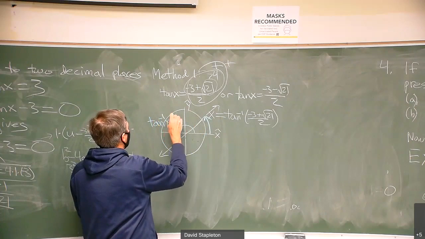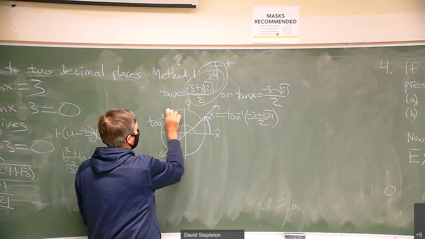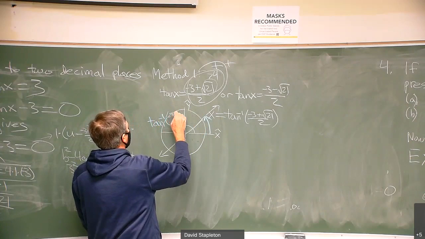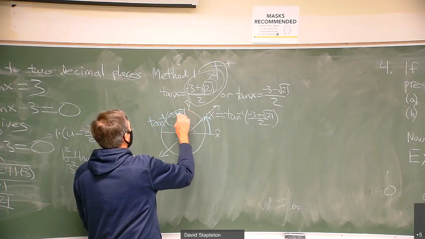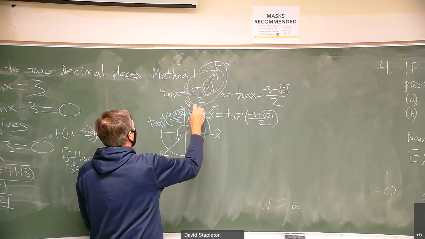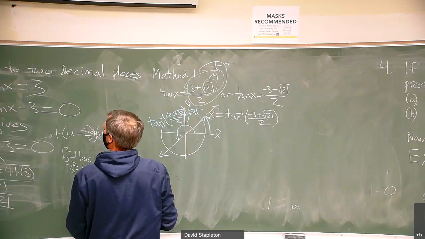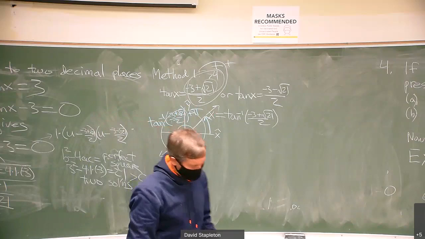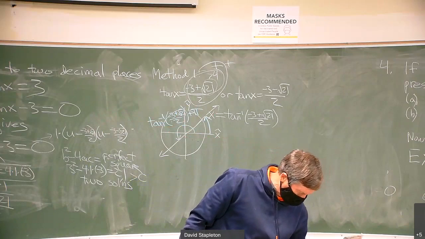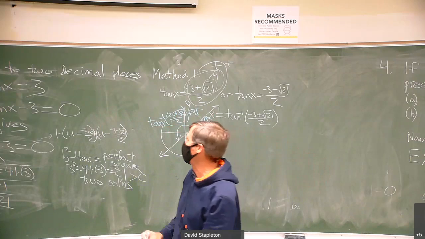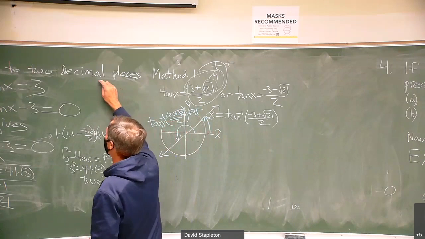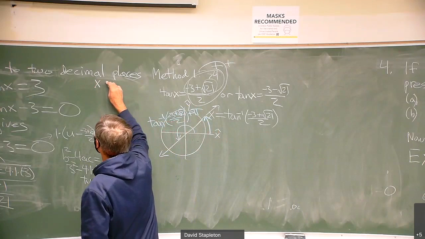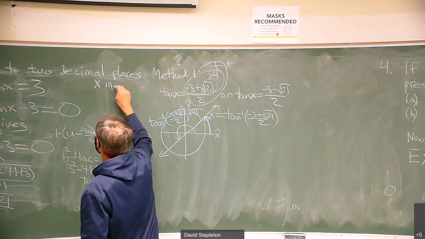So x equals arctangent of that number, minus 3 plus square root 21 over 2, and that plus pi. Those are the solutions. And I think this says between 0 and 2 pi again, right? Yeah, I should have put it in the instructions: x in the interval 0 to 2 pi.